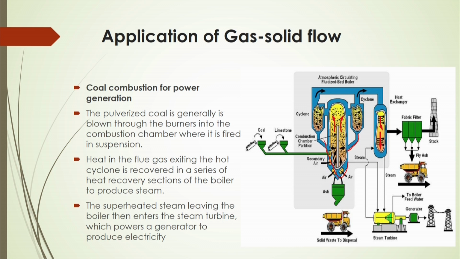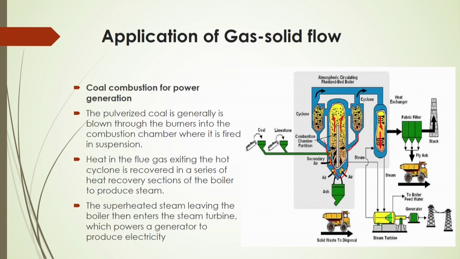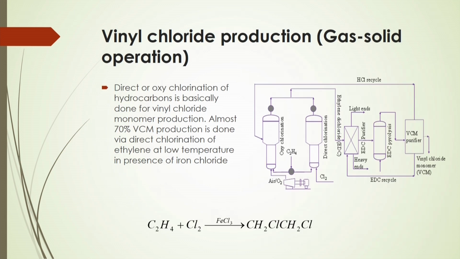In that case, you may get propane, propylene, ethylene, ethyl chloride, even some other organic gases from this coal combustion. Then they are upgraded by different other processes. So, this is one way of producing power as well as other valuable gas products from coal combustion, and this is basically a gas-solid flow operation.